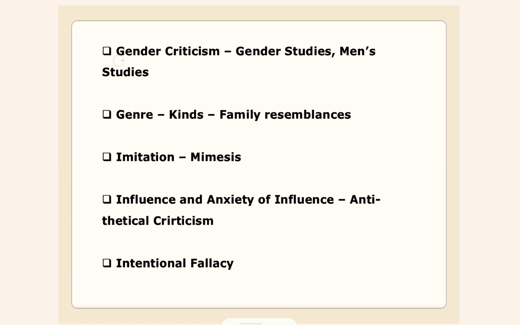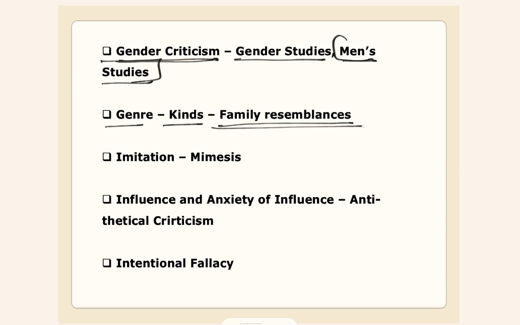Moving to gender criticism. Let's see the terms associated with gender criticism. Gender studies, men's studies. Look here, not only women's studies, men's studies are also very important. Genre, there are different kinds, and family resemblance.